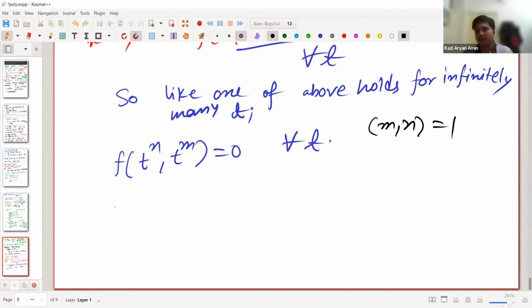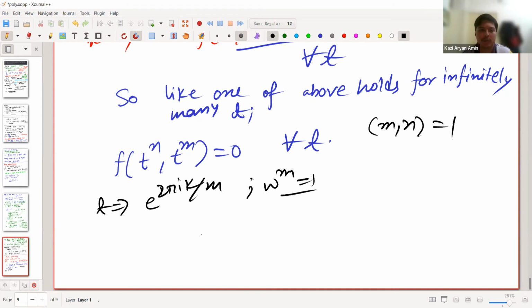Roots of unity, maybe. Yeah, that is the idea basically. So what we are going to do is plug t equals e to the power 2 pi i k by m, which is an mth root of unity. When we do that, note also that m is relatively prime to n.